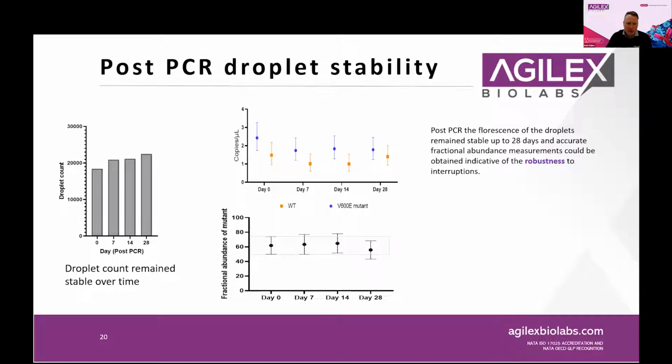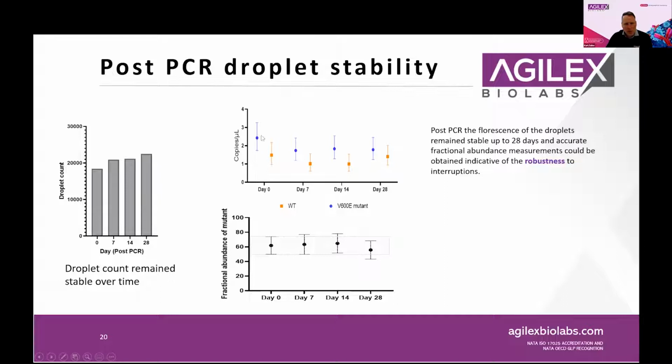and we analyzed our targets at day 0, the day of preparation, and then day 7, day 14, and day 28. The first thing that you can notice is that the droplets actually remain quite stable over time in terms of the actual droplet count. There is a notable but slight increase in the droplets over time, and this could just be down to the way that they behave at 4 degrees.